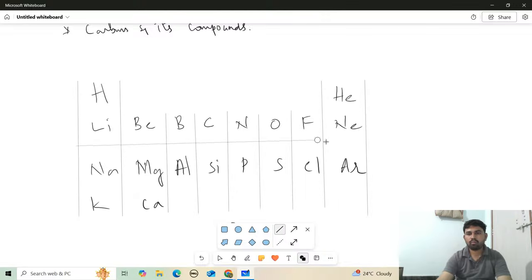This is the table, right? This is the 20 elements we need to remember.